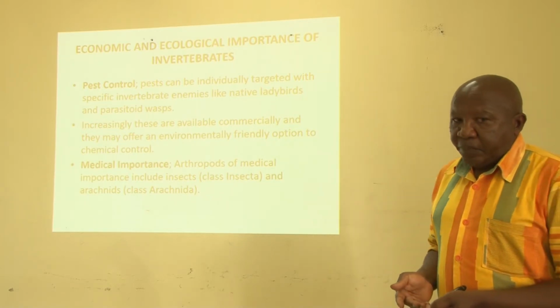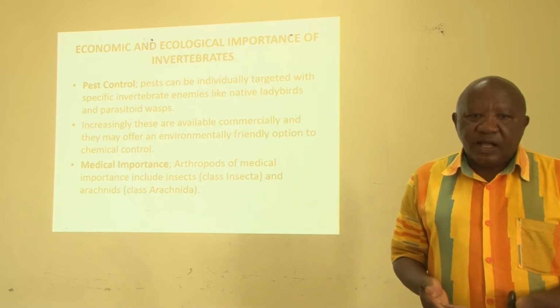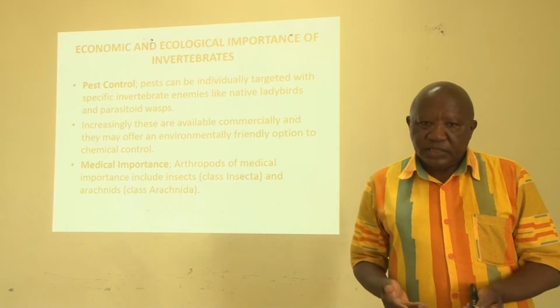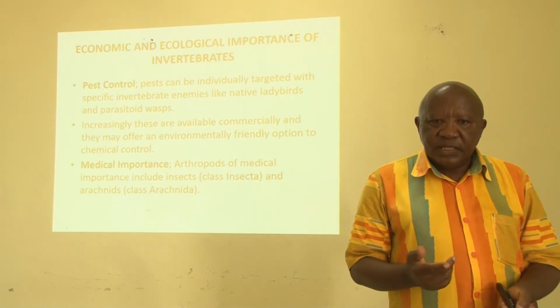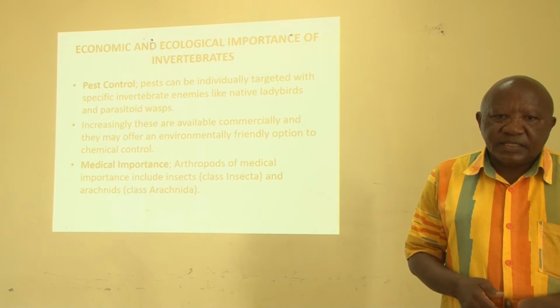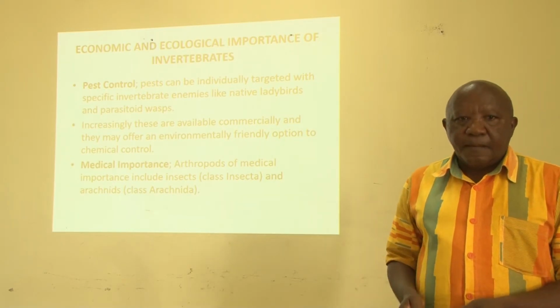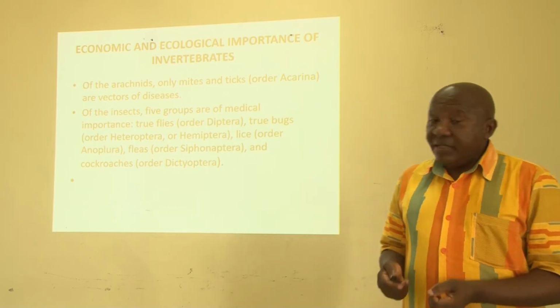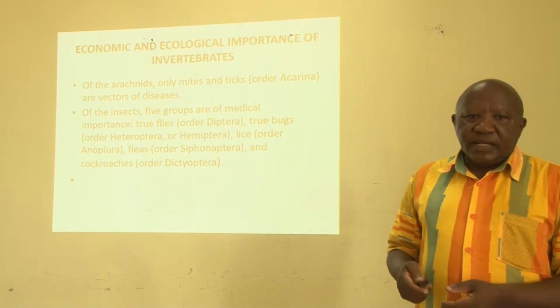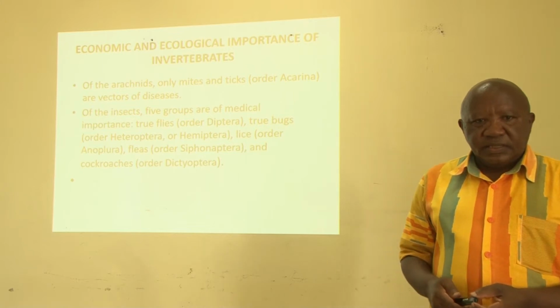Above all, invertebrates have medical importance. Arthropods of medical importance include insects, class Insecta, and arachnids, class Arachnida. Of the arachnids, only mites and ticks, order Acarina, are vectors of disease.